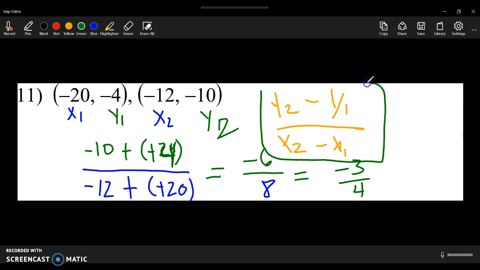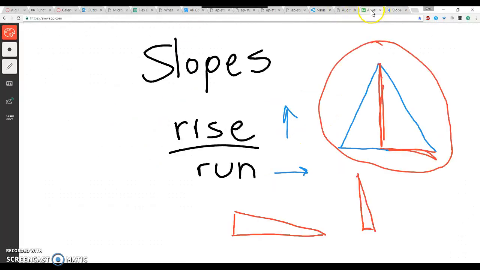This is a more formulaic way of doing this in case you don't want to draw the graph and approximate where these dots are and then start trying to draw your triangle. So if you want to use the formula, again, I'm going to write it a little bit nicer in this other space that I have.